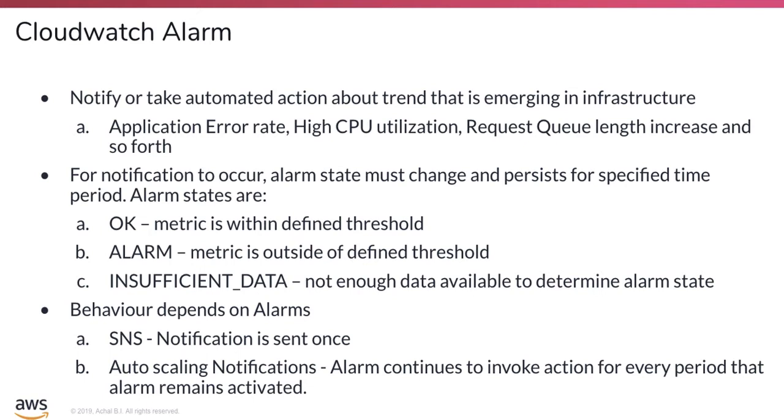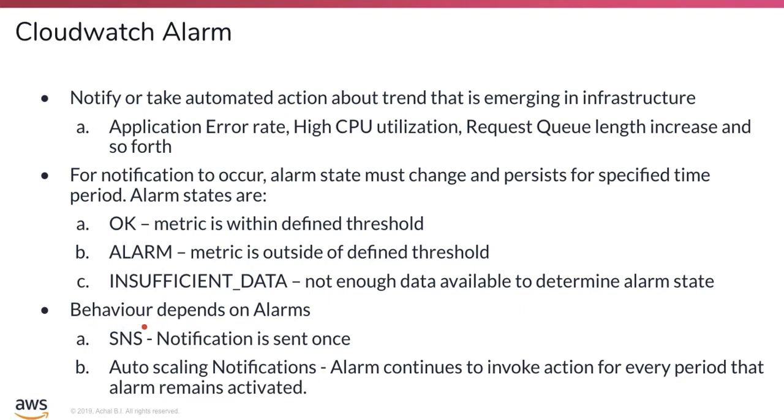What happens at that point is we would not have sufficient data for a period of 4 minutes, or between those 5 minutes. So your alarm would go to the insufficient data state between each 5 minutes, right? Whenever you get a data point, it would move to either the OK or alarm state based on the data point's metric value. So let's see that in a demo as well.